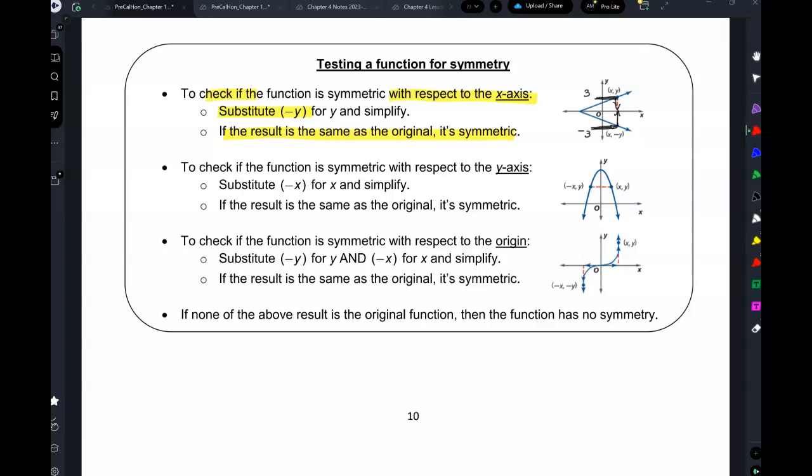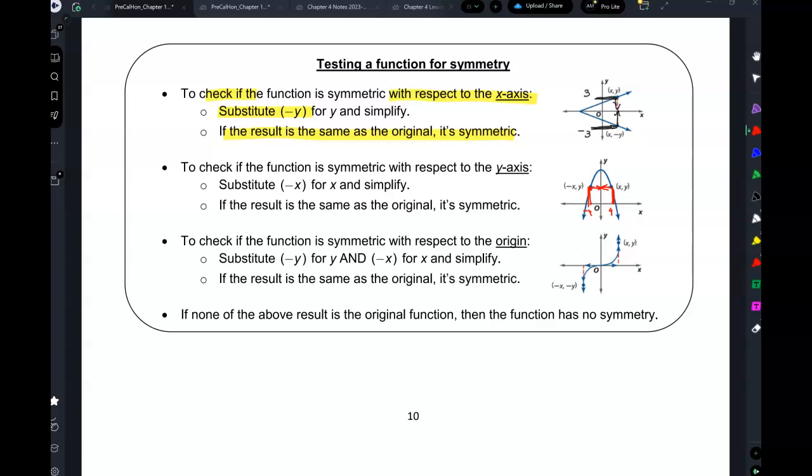So, with respect to the y-axis, this is how it looks. If you have different x values, so for example, x equals negative 4, x equals positive 4, they will correspond to the same y value.